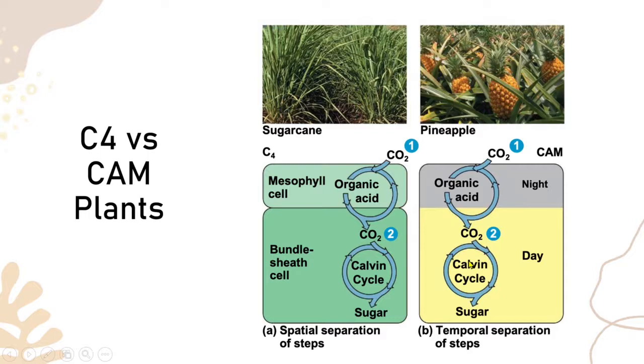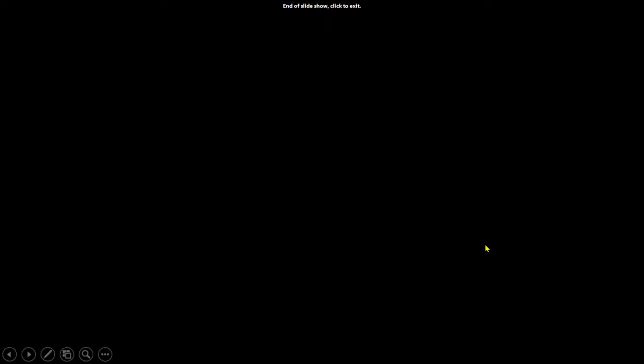But the main difference is that for the C4, the carbon fixation into the 4 carbon molecule happens in the mesophyll cell, and then carbon dioxide release happens in the bundle sheath. So it will be a separation of space, different cells. But for the CAM plants, the fixation will happen during the nighttime, and then the carbon dioxide will be released during the daytime. So it's a separation of time. And that's the end of this discussion.